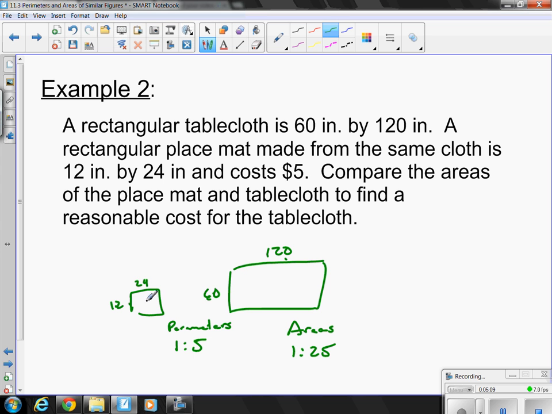So if the placemat costs $5, you could count on the tablecloth costing 25 times that, because that's 25 times the amount of material. So 25 times 5, it's a $125 tablecloth. Pretty extreme. I don't think so, unless it was gold laced, it might cost that much, I guess. But that would be an estimate.